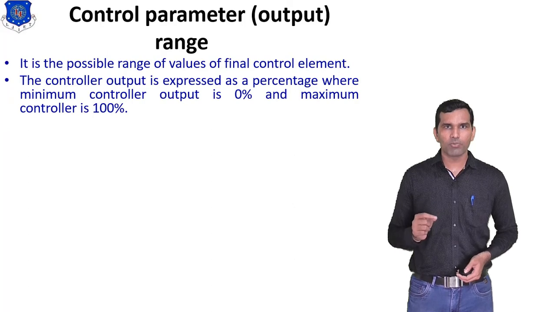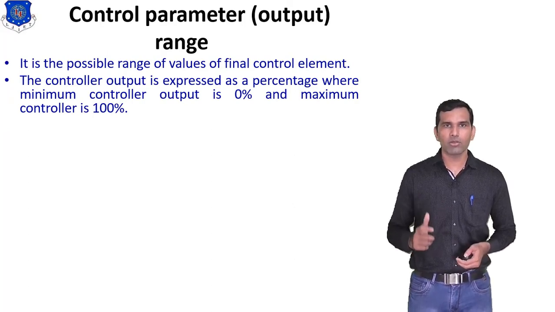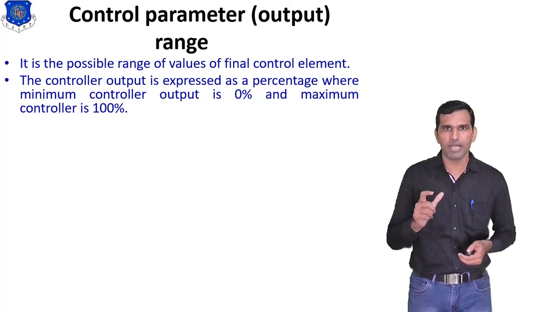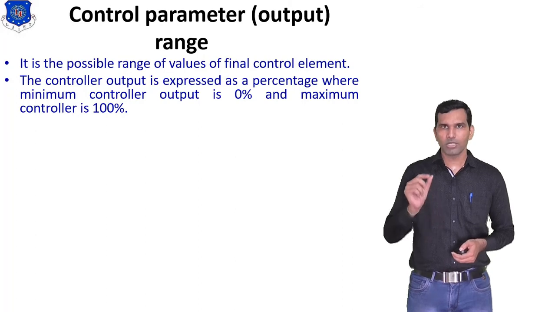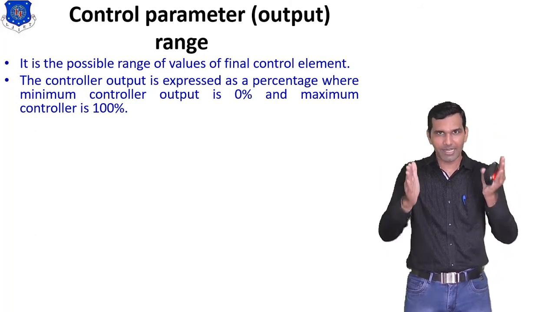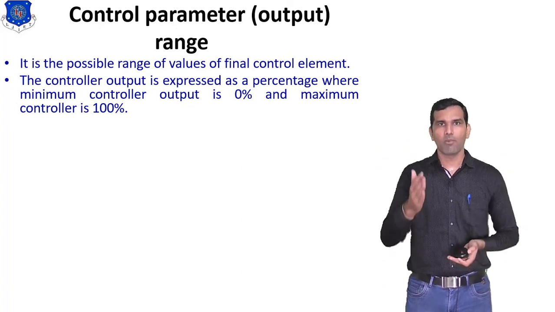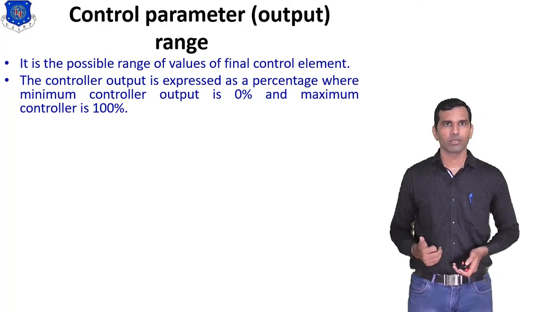The control output is expressed as a percentage, where minimum control output is 0% and maximum controller output is 100%. So this 0% and 100% indicate the range of the output, or the controller output range.